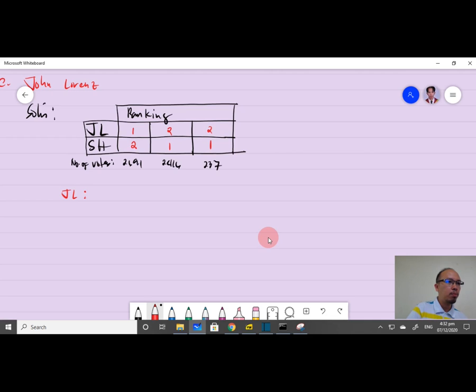Let's compute the first place votes and then the second place votes. As you can see, for GL we have 2,691 for first place, and for second place we have 2416 plus 237.